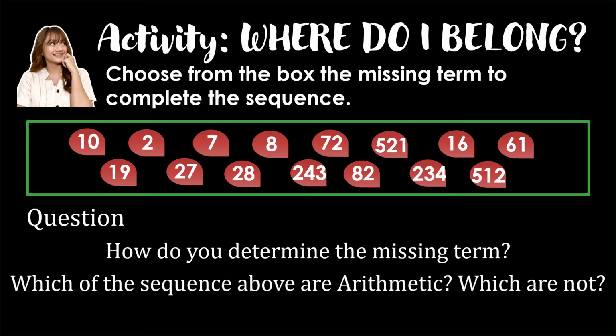Second question we have, which of the sequence above are arithmetic and which are not? Given the 5 items that we had a while ago, which of those sequences are arithmetic and which are not?